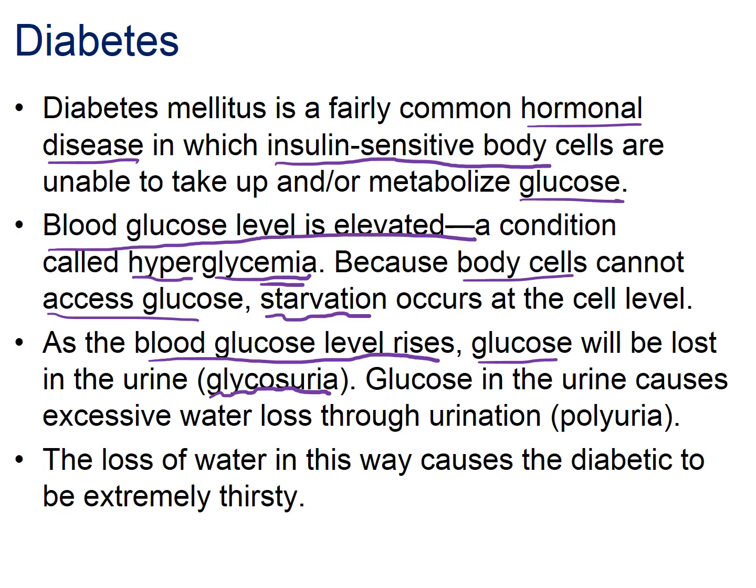And with the extra glucose in the urine, it will increase the osmolarity in your filtrate, causing more fluid to be retained in your nephrons, so you will have high volumes of urine and you will be urinating quite frequently. We call that polyuria. For these reasons, because of the loss of water, diabetic patients are usually quite thirsty.